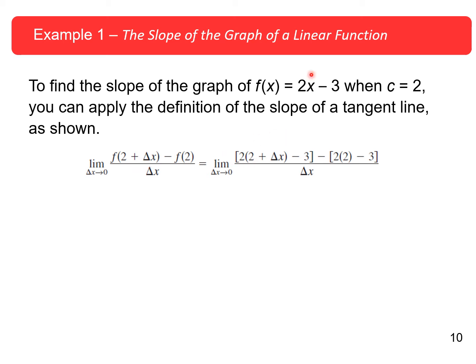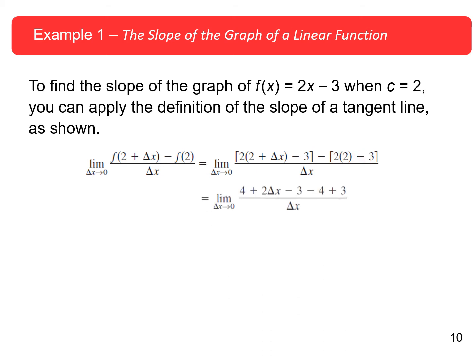So we have 2 times (2 plus delta x), and then minus 3, copy that minus 3. And then minus f of 2, which means you replace x here by 2, so that's how you get 2 times 2 minus 3.